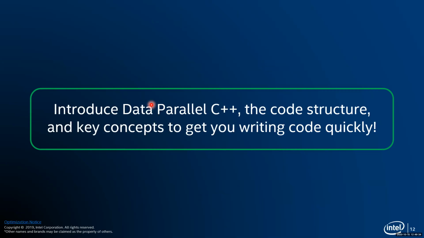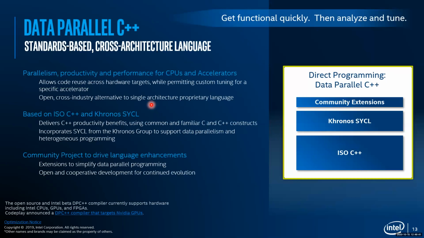So let's talk about Data Parallel C++. It's a high-level language designed for data parallel programming, and it's based on the standard C++ ISO standards. We also take advantage of the existing Khronos SYCL standard, which already has data parallelism and heterogeneous computing support in there.